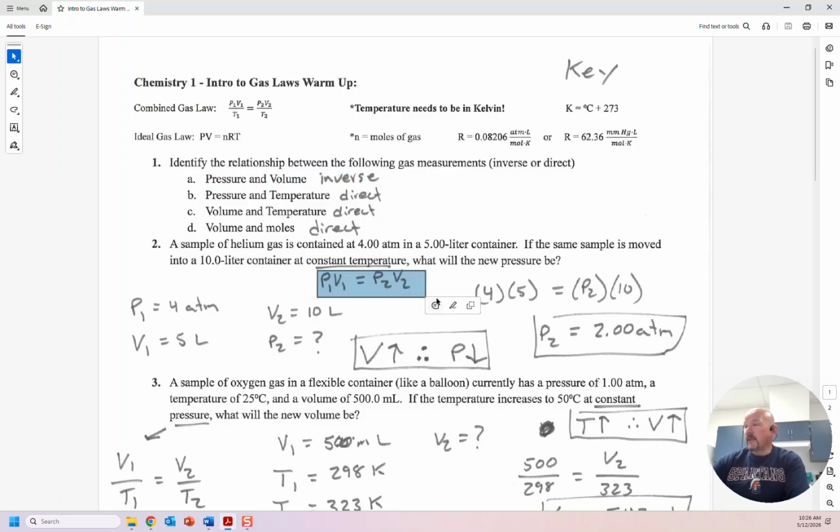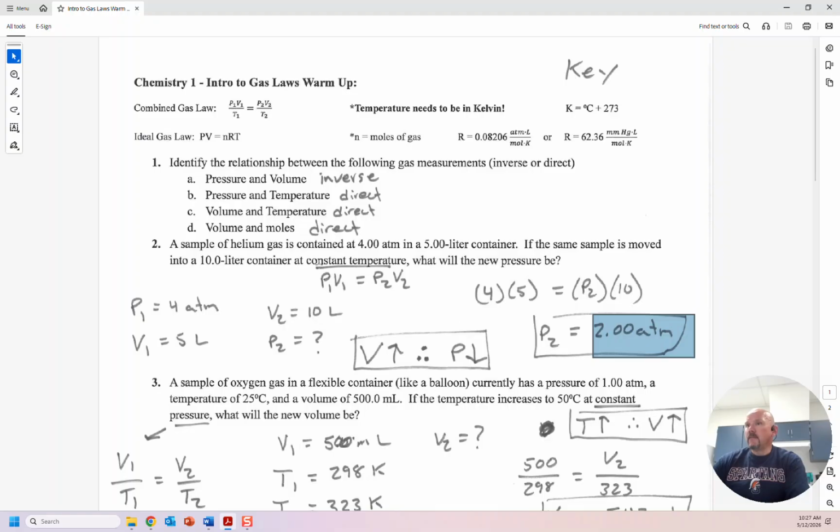So if temperature and moles are constant, this is the equation you use. Now, you don't need to know that that's called Boyle's law, but you cover up temperature here and you use this equation. So we plug in our initial pressure, our initial volume. We plug in our final volume, which was 10 liters, and we solve for P2. P2 comes out to be 2 atmospheres. But what you should understand is, so that's our final answer, but what was the relationship?